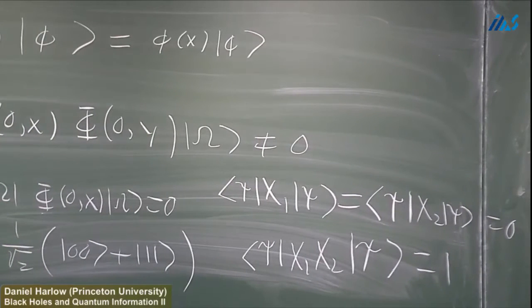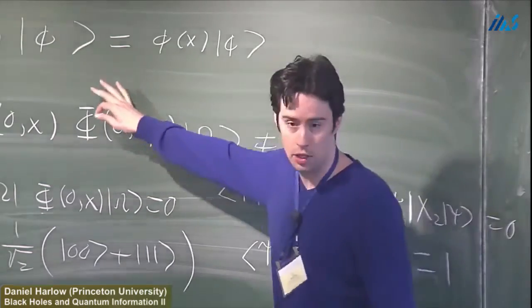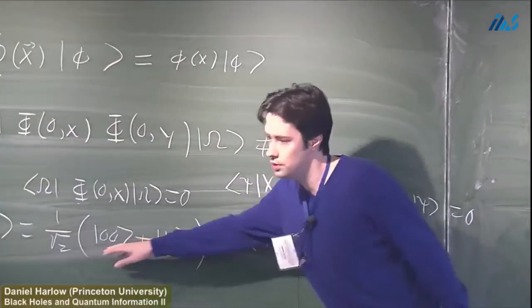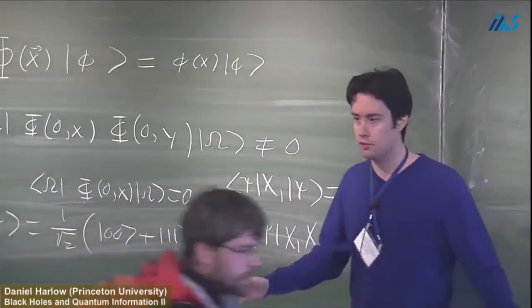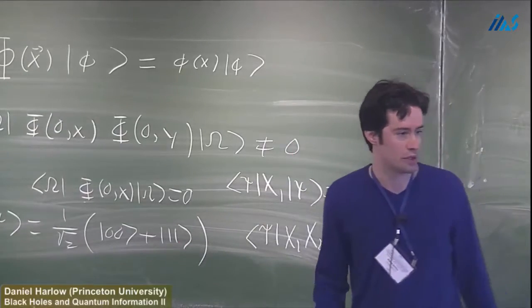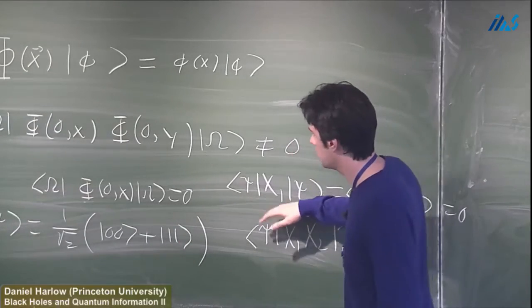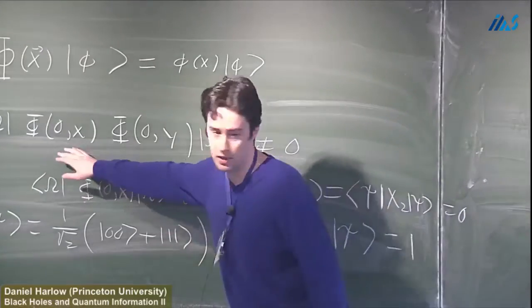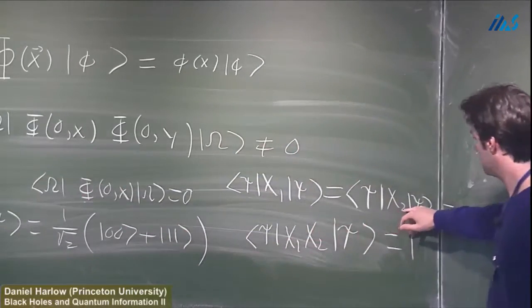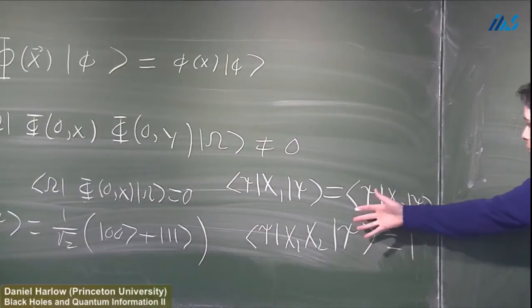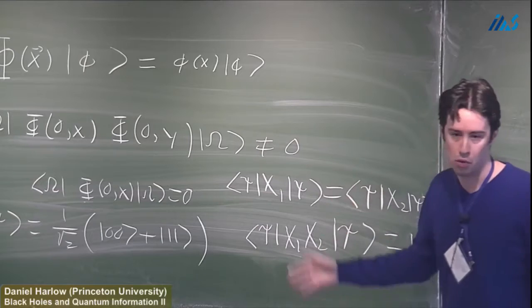Okay, so this is the same structure of the correlation function that you saw in quantum field theory, and you can just think of the 2 qubits as being like 2 different points in space-time. I guess this is a space-time with only 2 points. You can think of the x operators as being like the local field. So x1 acting on the first qubit is like phi of x, and x2 acting on the second qubit is like phi of y. Okay, so this is just a different way of describing entanglement that's more natural in field theory.